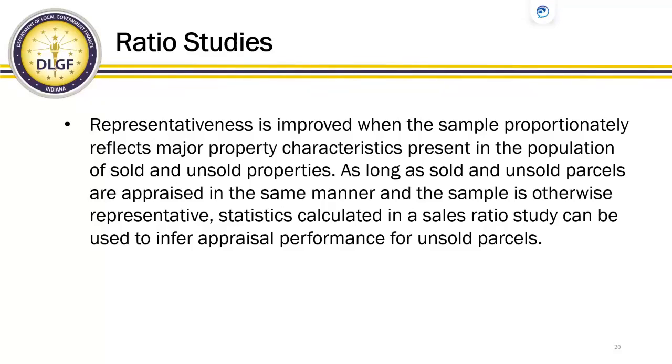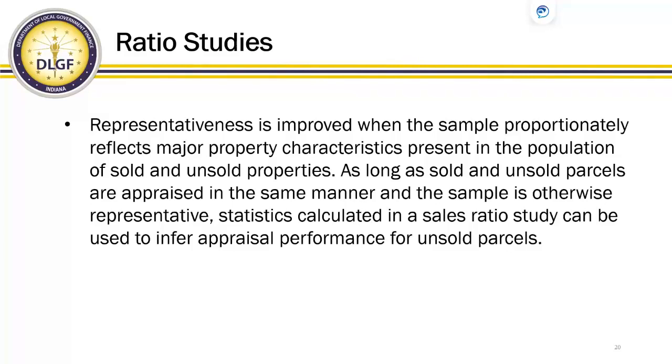Representativeness is improved when major property characteristics present in the population also show up in the sample proportionally. An example that I've been giving is that any county might have a lot of improved commercial properties, let's say more than the average county does, but if this year's sample doesn't have as many improved commercial properties, then chances are things aren't going to be distributed as we would expect, and representativeness is going to be down.